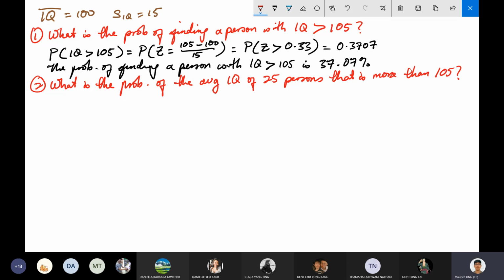So what I'm trying to show you is this. Question 1 is the probability of the IQ of a single person. Question 2 is the probability of the average IQ of a sample. It is just a few words difference, but the calculation is different.